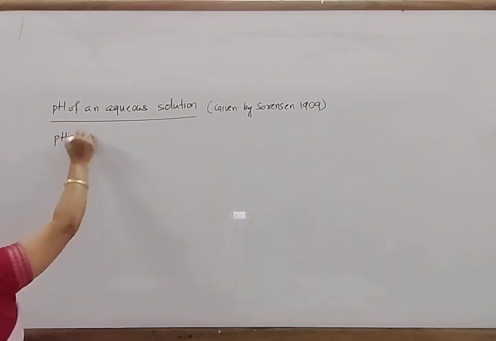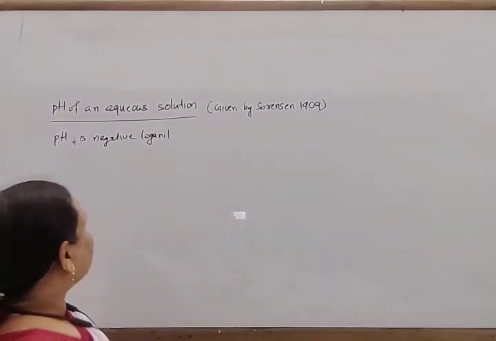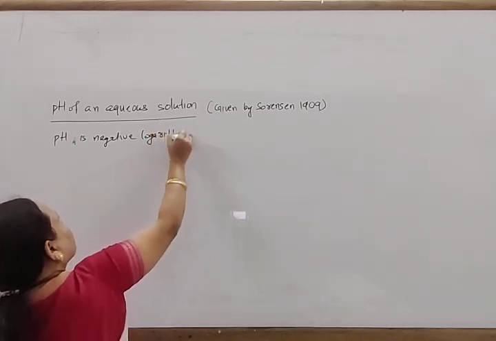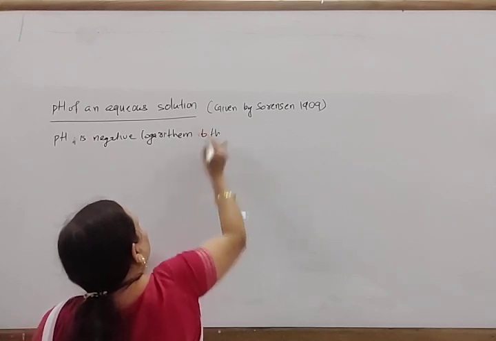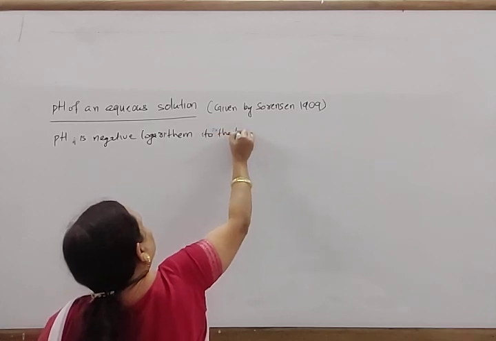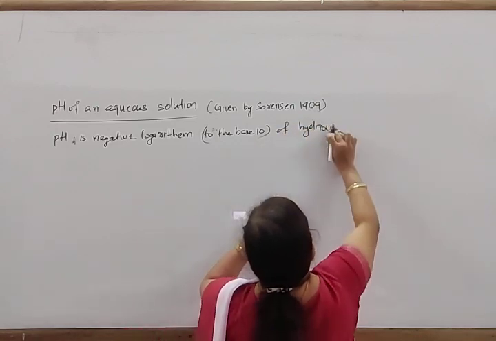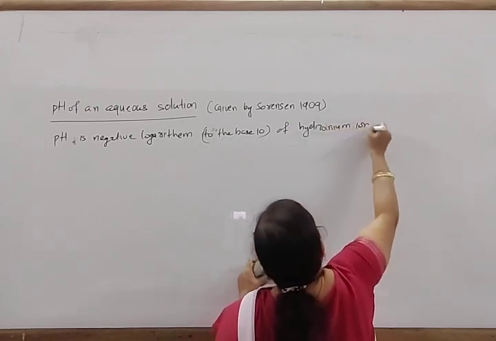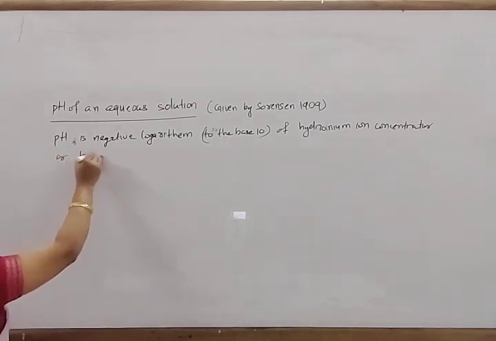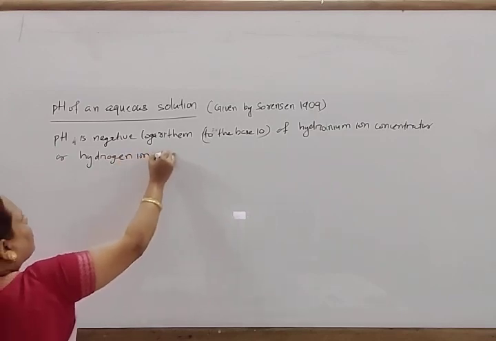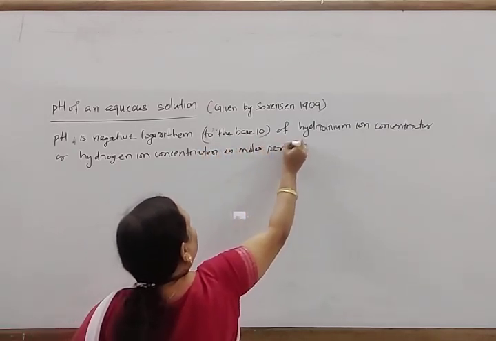pH is the negative logarithm of hydronium ion concentration or hydrogen ion concentration in moles per liter.